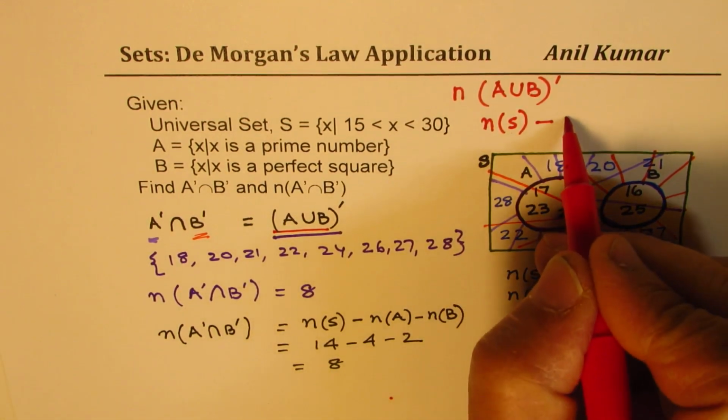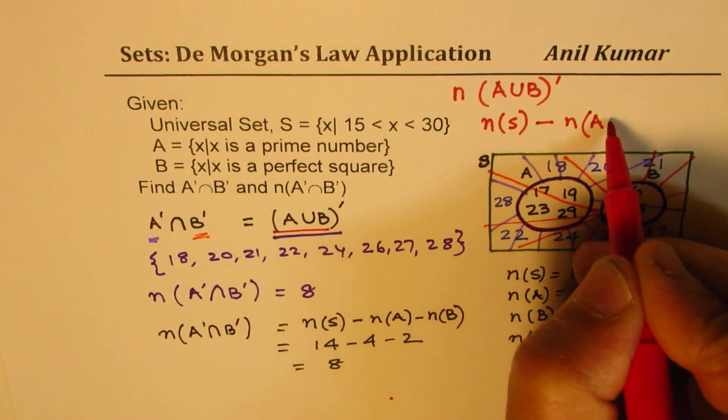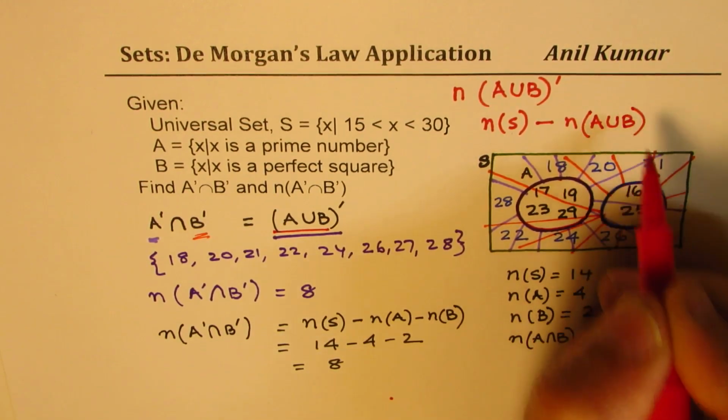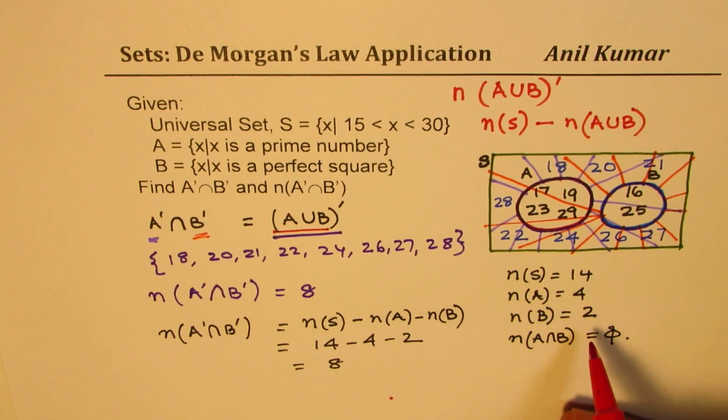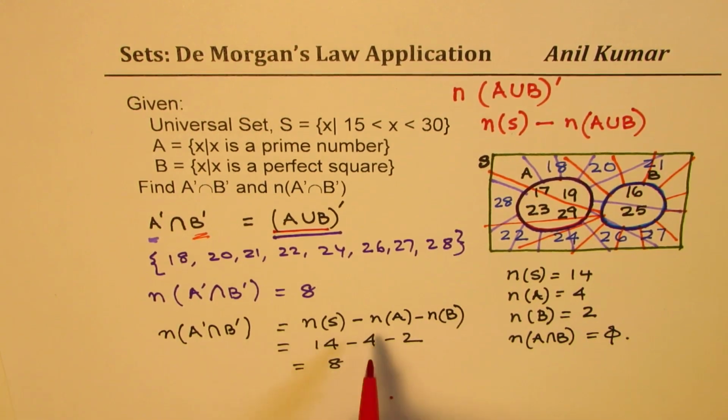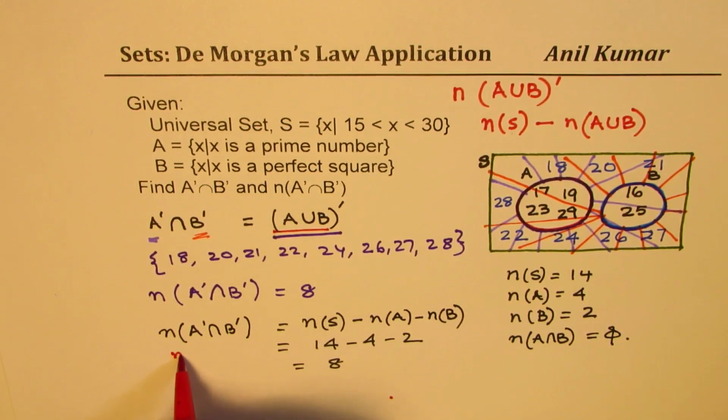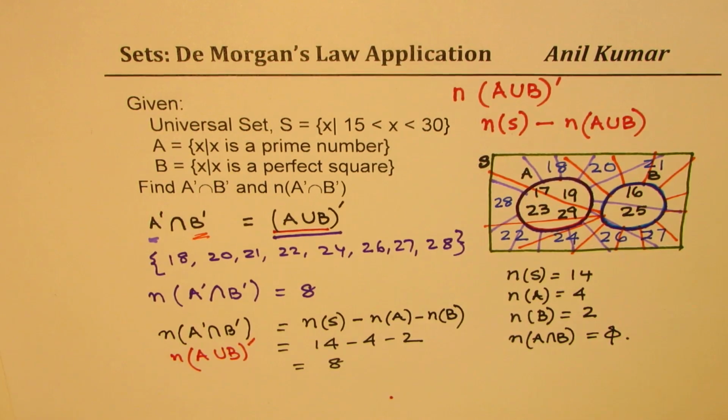Take away the numbers in A union B, correct? Now A union B, because it's a disjoint function, we get the same formula, right? So this is actually also equal to A union B complement, correct? So we have used that part rather than this, right?